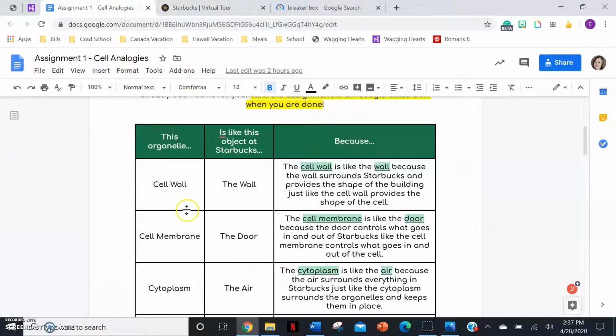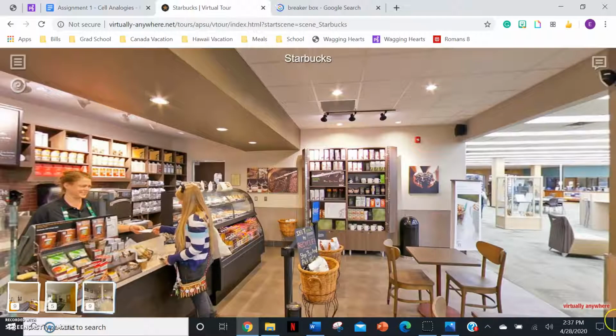Now, in our second analogy, we compare the cell membrane to the door. Why? Well, it says the cell membrane is like the door because the door controls what goes in and out of Starbucks, just like the cell membrane controls what goes in and out of the cell. Now, this Starbucks doesn't really have a door. It kind of has this big, wide open space.